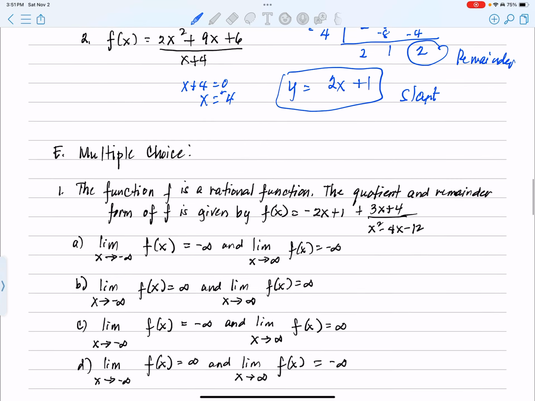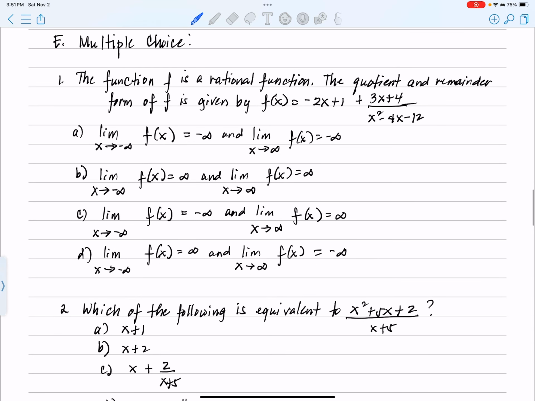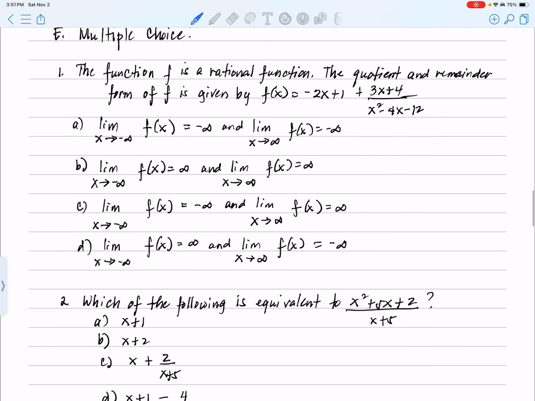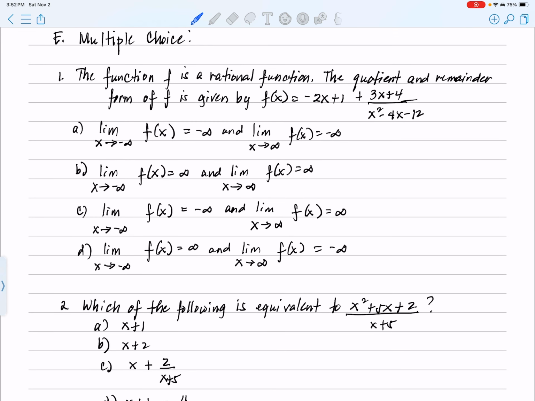Let's have this multiple choice right here. The function is a rational function. The quotient and remainder form of f is given by f of x equals negative 2x plus 1 plus the quantity 3x plus 4 over x squared minus 4x minus 2.